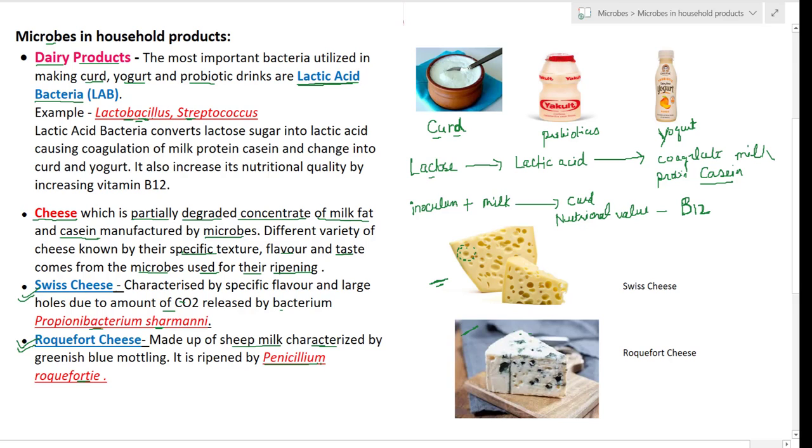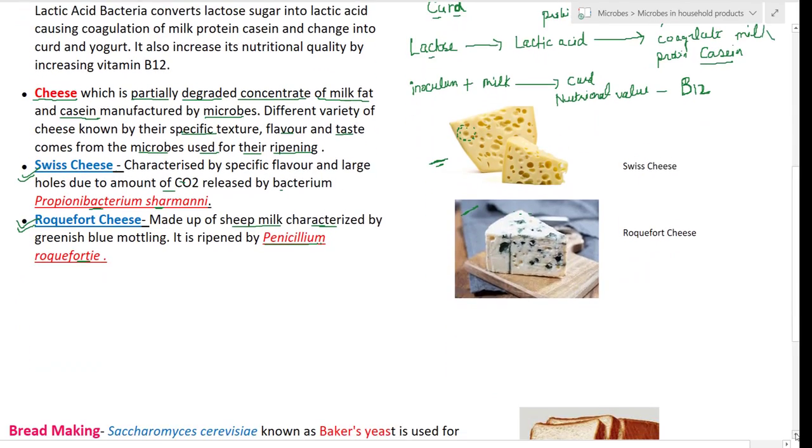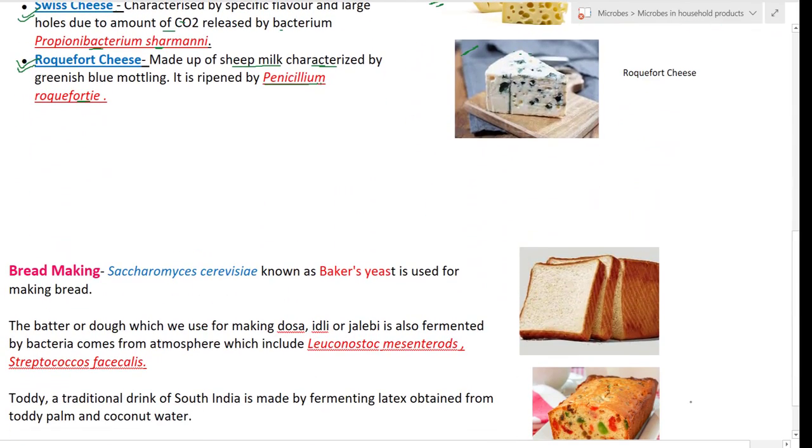Next we come to a different product, that is bread. We use microbes in bread making, and the yeast we use is a unicellular fungus, Saccharomyces cerevisiae. We mix the flour with this yeast and knead it and keep it for some hours, and after some hours it puffs up due to the release of carbon dioxide.